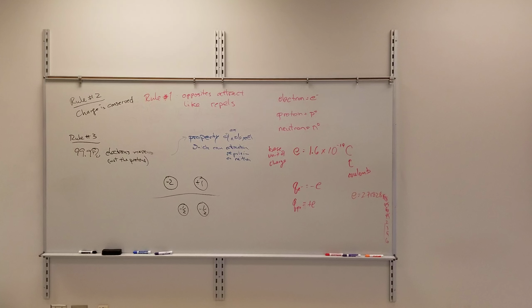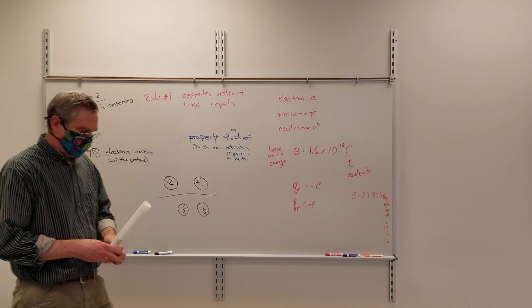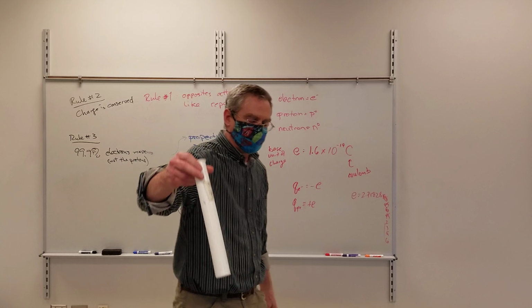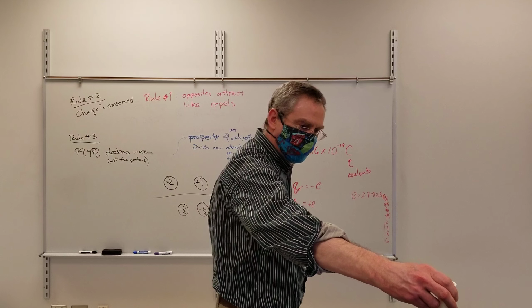Please work. Some of these things occasionally have to get washed because they start getting oils from hands on them. Hoping that's dry enough. All right, so if I bring it closer, what's going to happen?